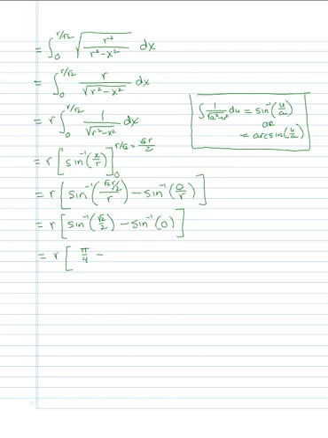Now, the inverse sine of 0 is the angle whose sine is 0, and that angle is in fact 0 itself. So what we have here, when it's all said and done, is pi over 4 times r.